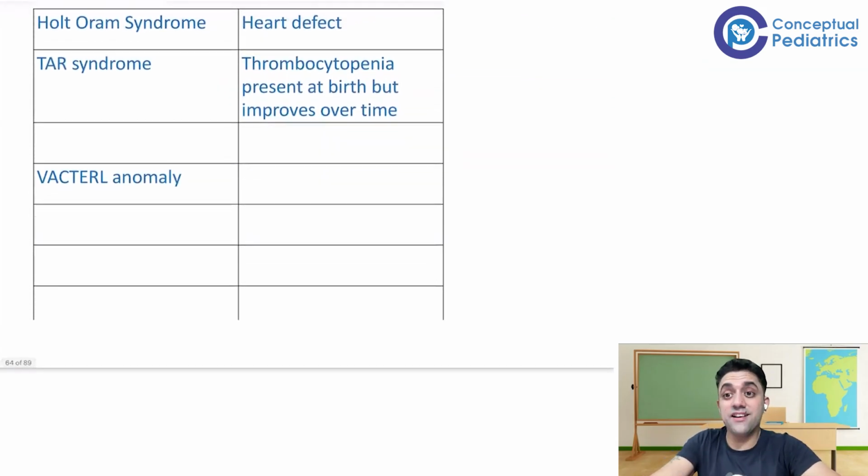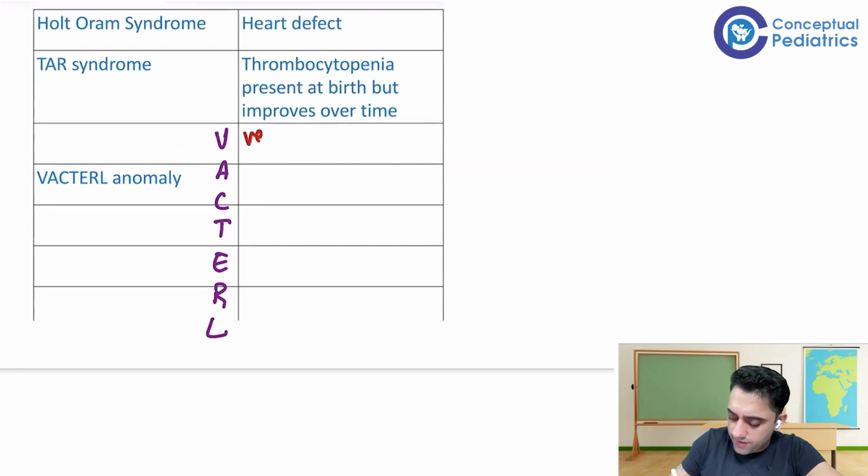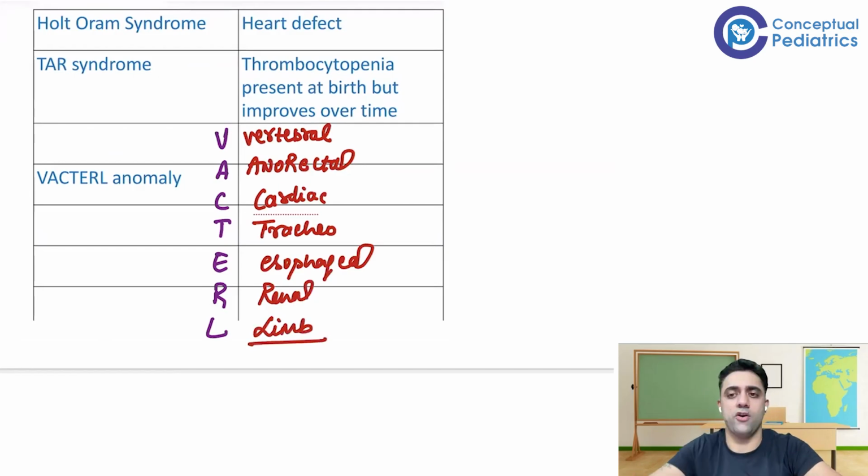We have the VACTERL anomaly. The mnemonic itself is known as VACTERL. V for vertebral anomaly, you will check the vertebra of the patient. A for anorectal, you will check that. C for cardiac checkup. T for tracheo, E for esophageal, R for renal, and L for limb anomaly.